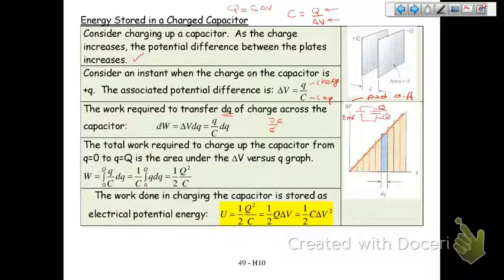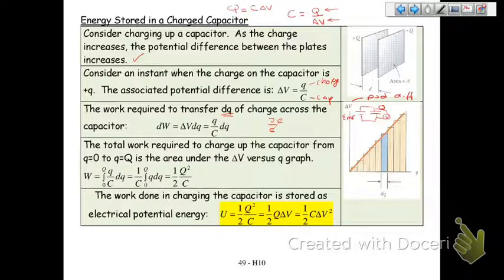So I've got a graph, and realize that when you have a little bit of charge on there, you have a little bit of potential difference. And when you have a lot of charge in there, you have a lot of potential difference. So this is a nice linear graph, and it's not level, it's sloping. So let's have a look.